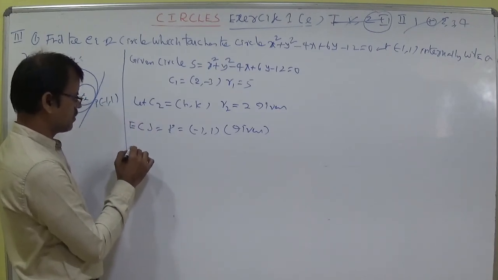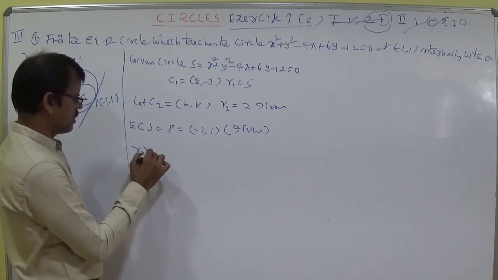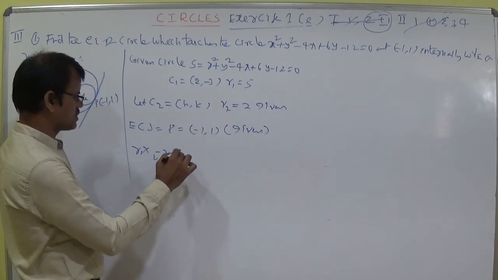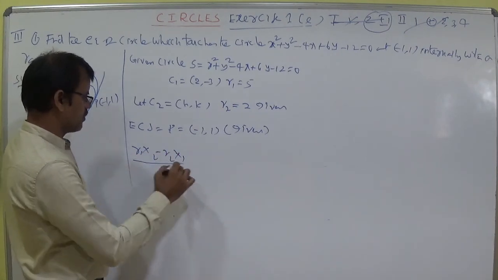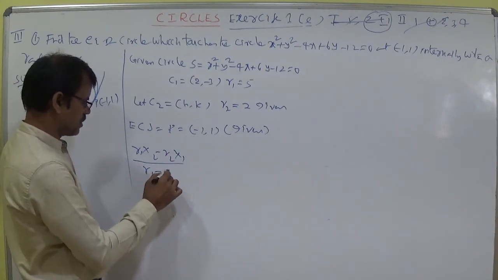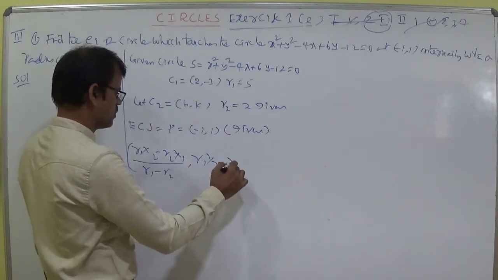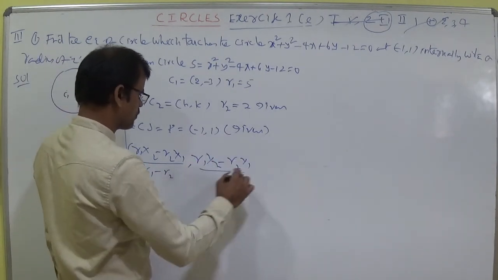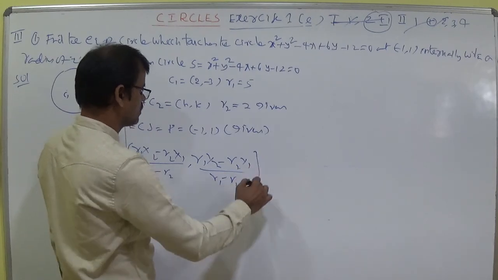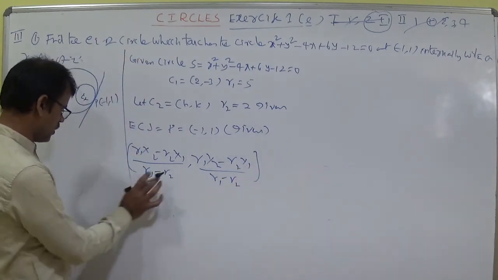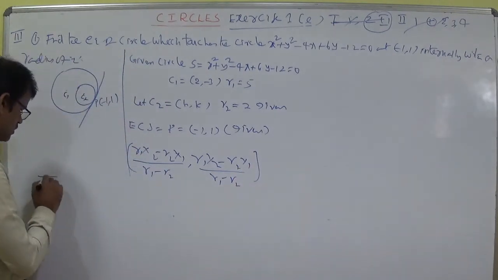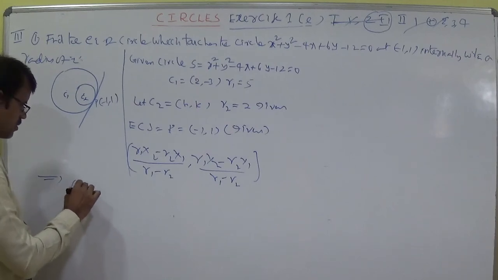Now you write the formula. The ECS formula is R1x2 minus R2x1 by R1 minus R2 comma R1y2 minus R2y1 by R1 minus R2. Using that formula, you can write here minus 1 comma 1.